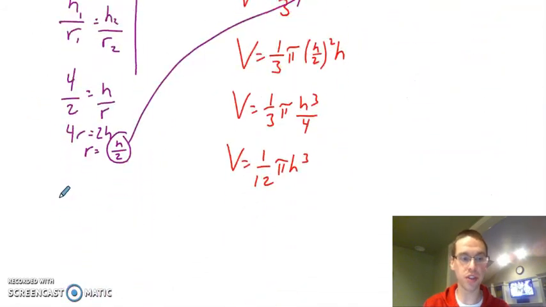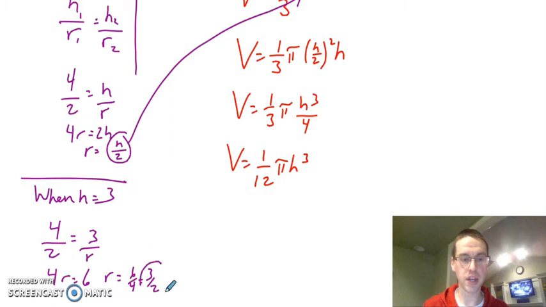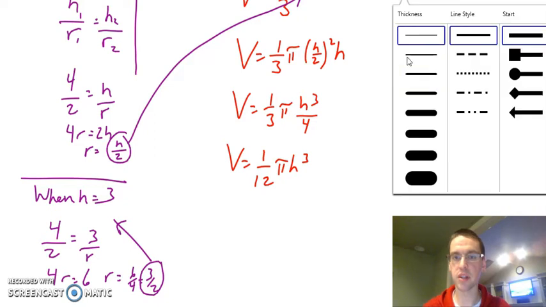When h equals 3, if I want to look over here, I can say 4 over 2 equals 3 over r, and substitute: 4r equals 6, r equals 6 over 4, which is 3 over 2. Now I know what r is when h equals 3, and I can substitute in after I take the derivative.